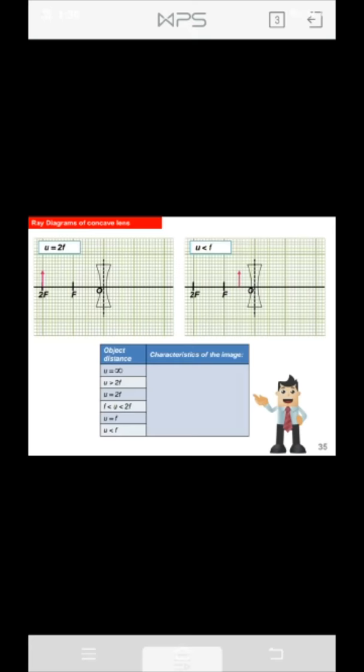Okay, with diagrams of concave lens, this is a sample for questions. We have 2F and F, the focal point, and O, the lens. As we can see, U is equal to 2F, and here U is smaller.